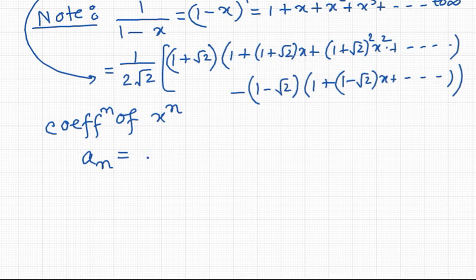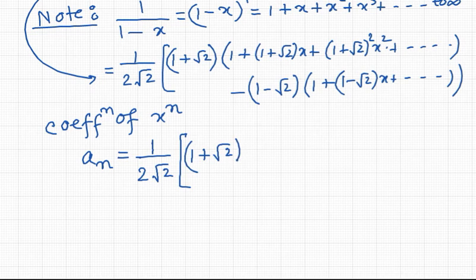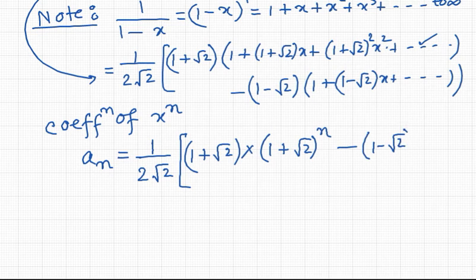So coefficient of x to the power n, that is an, can be safely written as 1 by 2 root 2 into (1 plus root 2) into the coefficient of x to the power n from this expansion, that is going to be (1 plus root 2) to the power n, minus (1 minus root 2) into coefficient of x to the power n from the other expansion, which is going to be (1 minus root 2) to the power n.